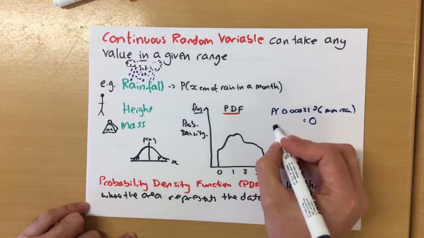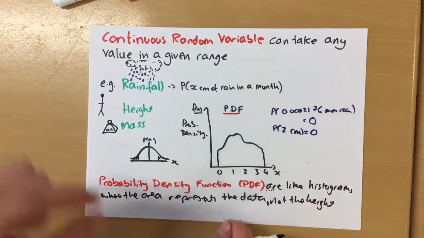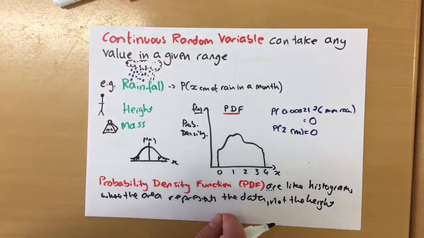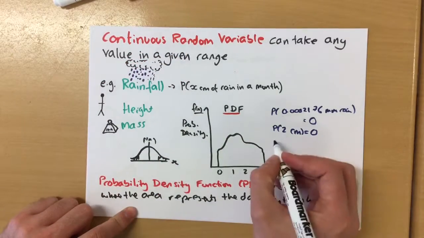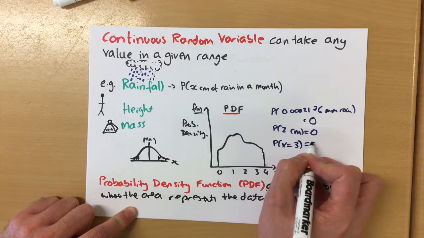What's the chance of having exactly 2 centimeters of rain? Again, the chance is exactly that, not an atom more, an atom less. Just think about how unlikely it is to have exactly that measurement, to the smallest possible degree. So in a continuous random variable, the chance of getting any exact value is going to be 0.